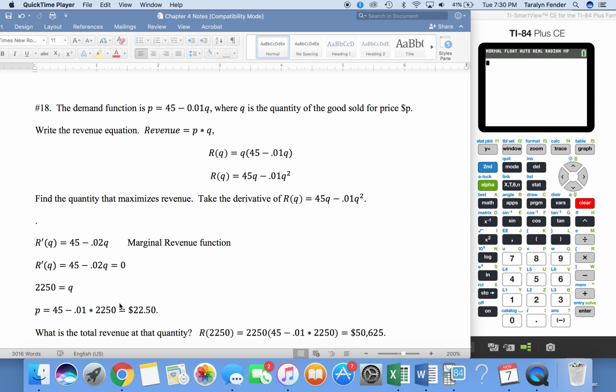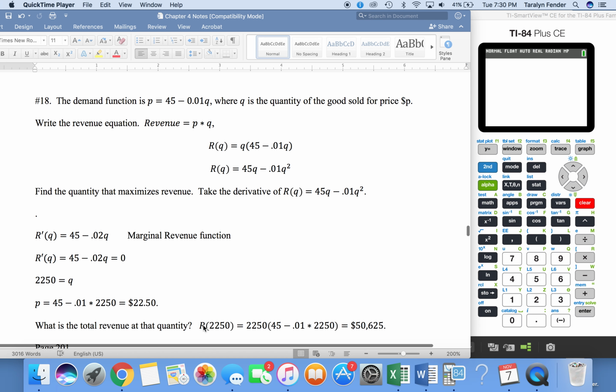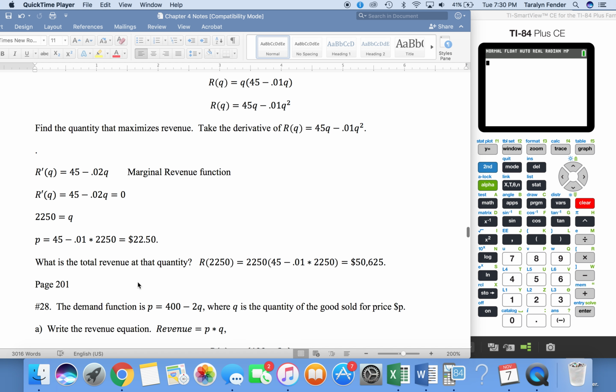We plug that in to our Q for our P, so we will know what to charge. So $22.50 is our value. We plug in 2250 for our quantity, and we find out we have a revenue of $50,625.